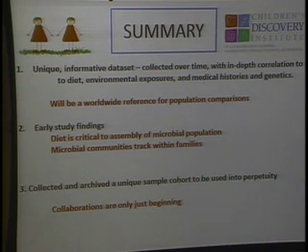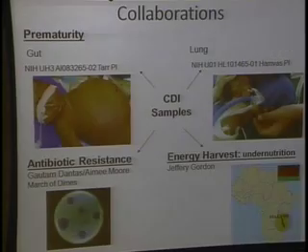Our collaborations are really just beginning. One of the exciting parts of this CDI study is the support and collaboration that it's built among other investigators. The CDI samples can be used to benchmark against the premature population.